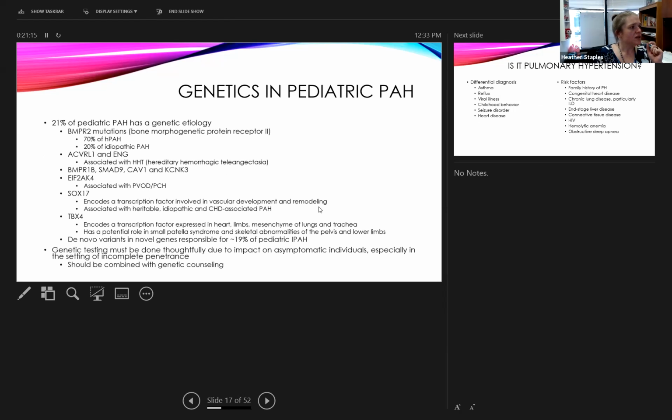There is definitely a genetic component in some patients with pediatric pulmonary hypertension. About a fifth of them have an underlying genetic cause for their PH. The most common mutation is BMPR2. This is not something that we always go down the rabbit hole for with these preemie babies, because most often it's their chronic lung disease that's driving their pulmonary hypertension.